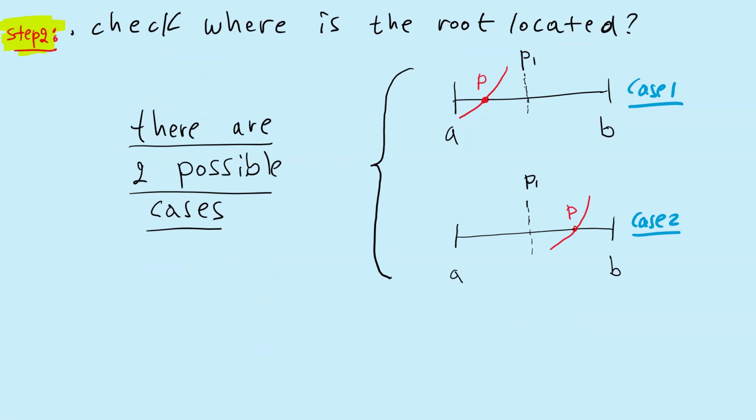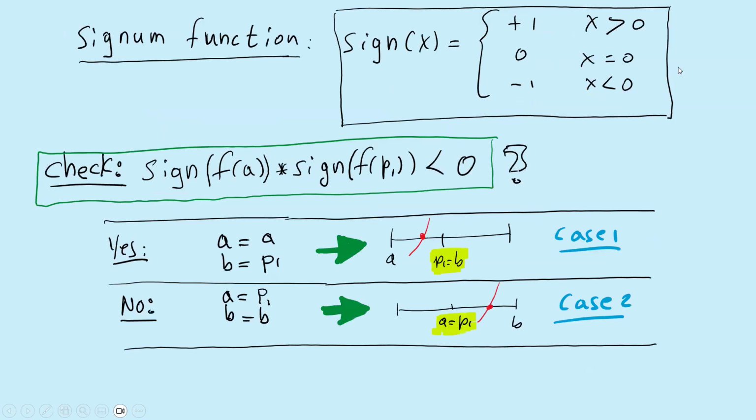For this reason, we use the signum function to check the location of the root, okay? The signum function indicates the sign of the number. How can we apply it? First, we find the sign of the function at A and P, okay?